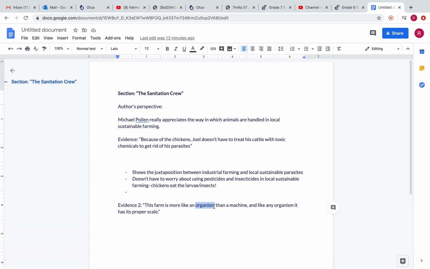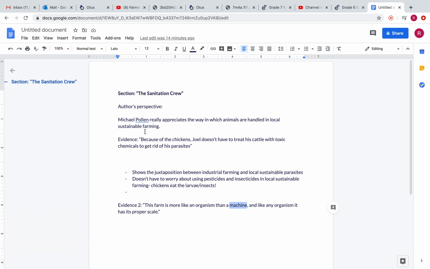Something that needs to be treated the right way rather than a machine where everything is just produced in large numbers. And that's more like CAFOs, where they have ridiculous amounts of cows all in one small, tiny space, and they get hoof deep in manure, right?